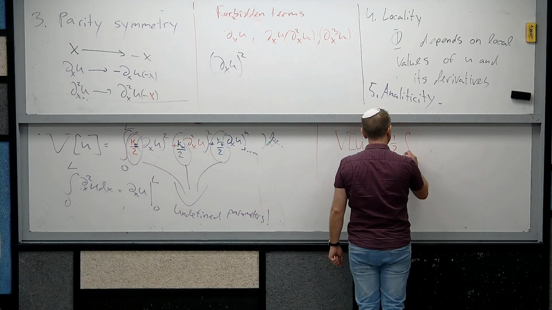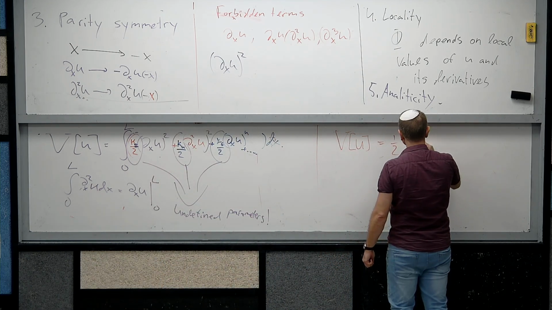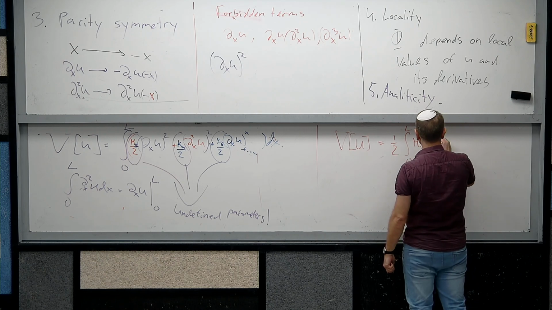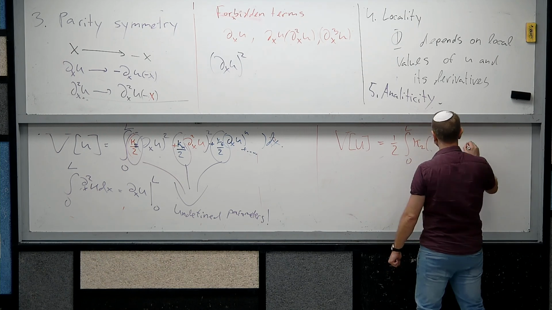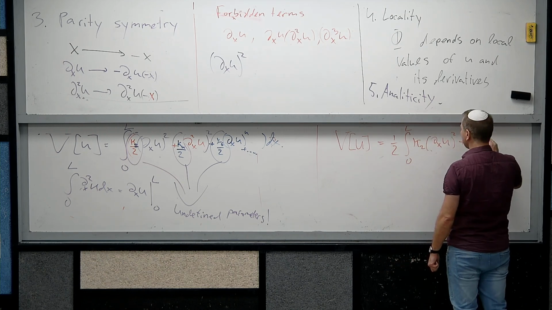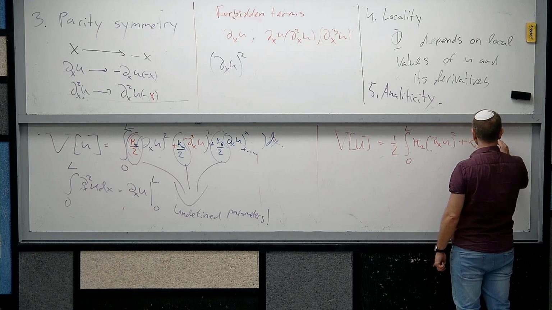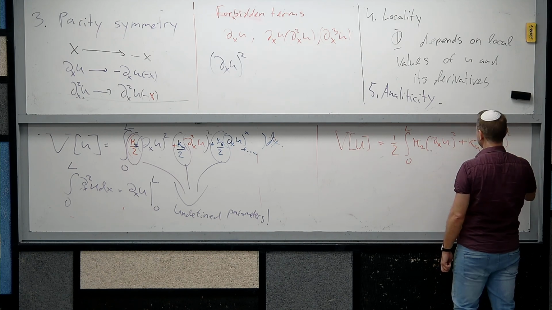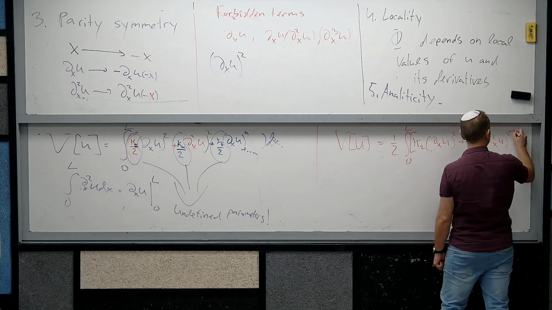It's 1/2 an integral from 0 to L, kappa 2 u squared plus kappa 4 (d squared u over dx squared) squared, and all of this dx.